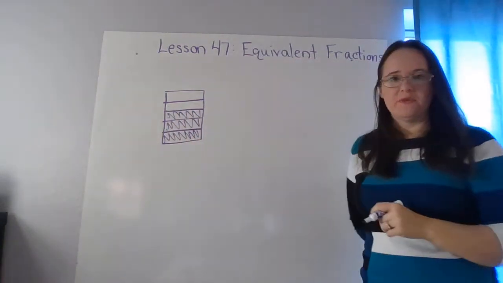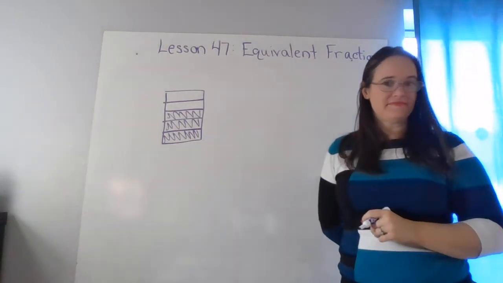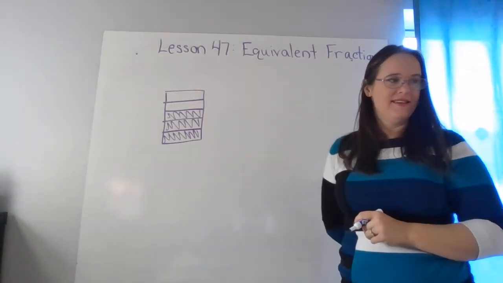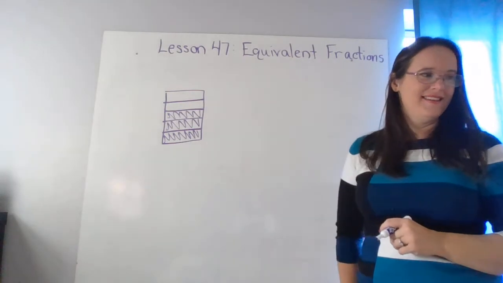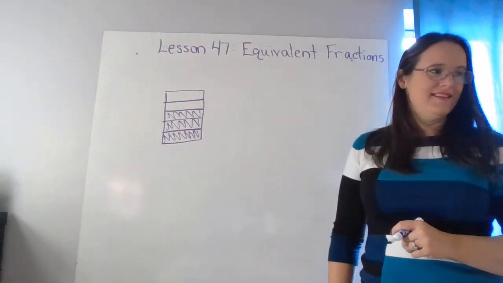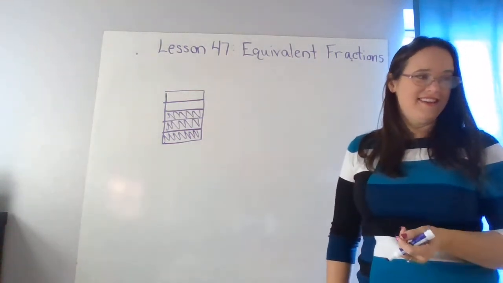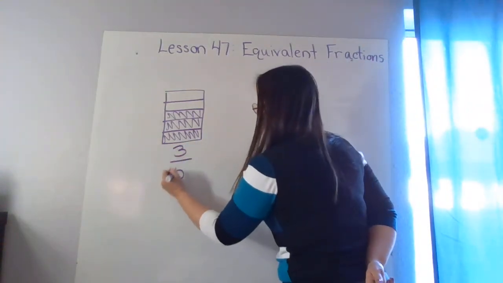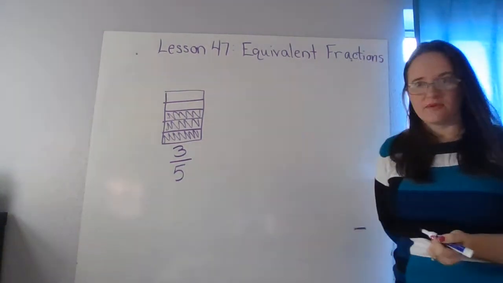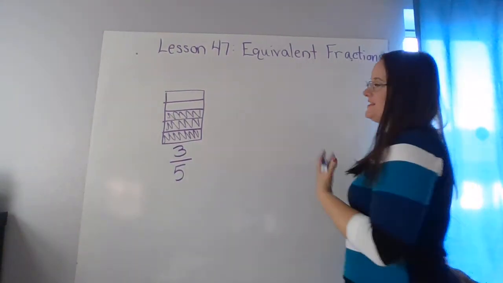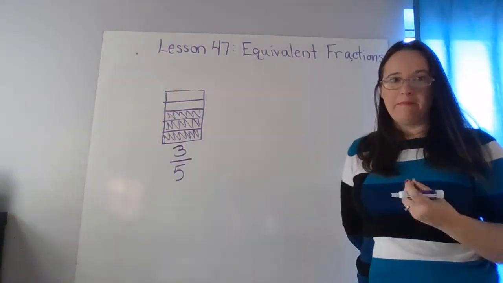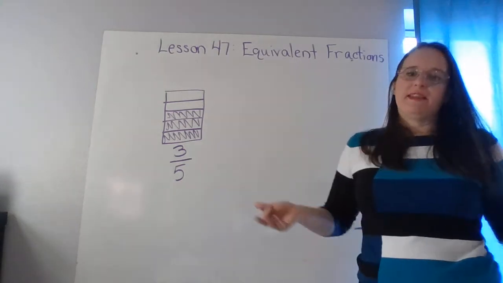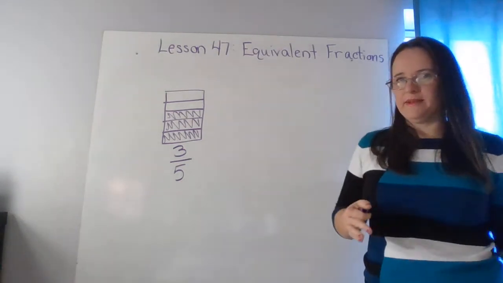So what fraction would this be? Go ahead, Riker. 3/5. We have 3 colored in out of 5 equal pieces. So that's 3/5. And we want to make it a bigger denominator. We want to make an equivalent fraction. It could be a bigger denominator, it could be smaller.